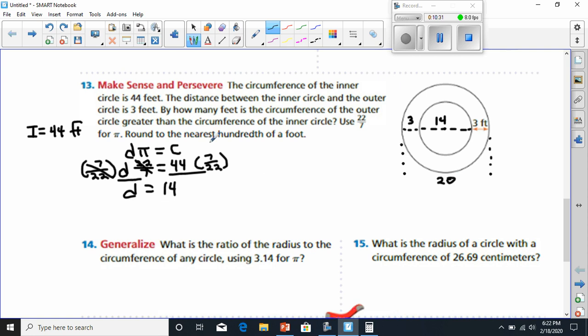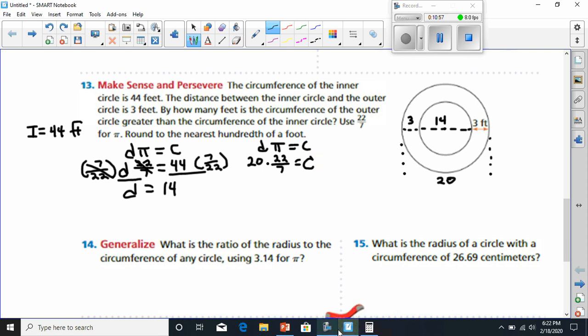Now that I know that, I can use my formula again. Remember, the diameter times pi equals my circumference. But this time, my diameter is 20, and pi is 22 over 7. I'm multiplying those together, and that's going to equal my circumference.